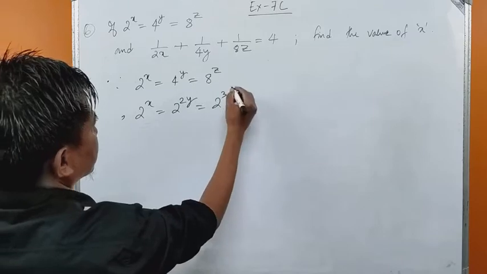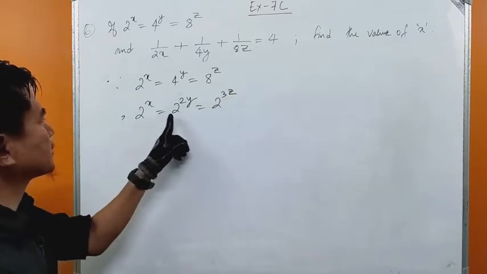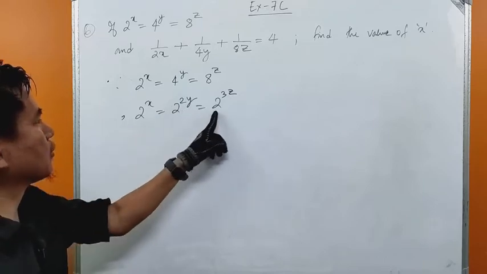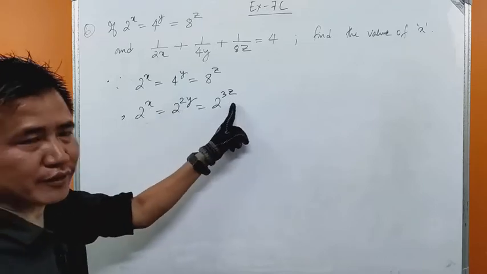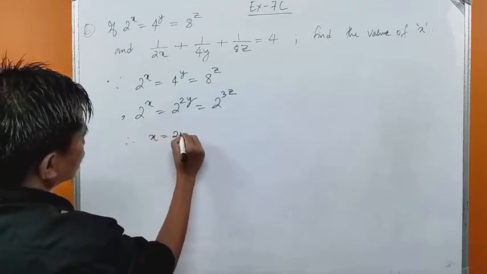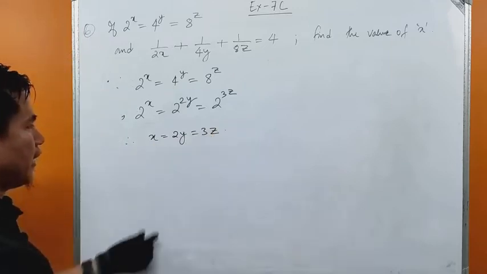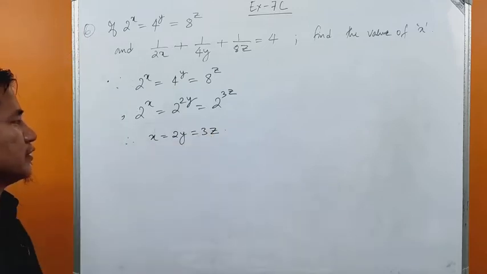Now we have z here. The bases are all 2, and if the bases are equal, their powers should be equal. Therefore, you can write x equals 2y equals 3z.